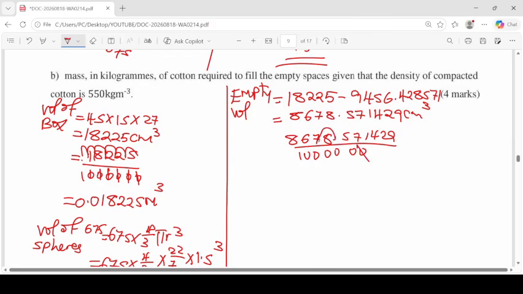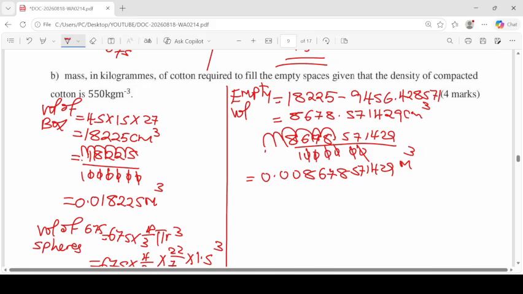This one moves a decimal point here, this one moves it here, this one moves it here, this one moves it here, this moves it here, this moves it here. So you get your volume as 0.008678571429 cubic meters. So now the moment we have that, we want to compute the mass.